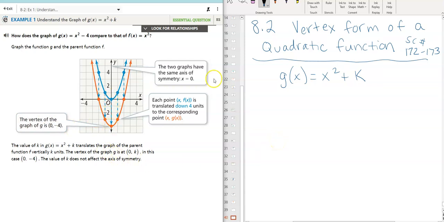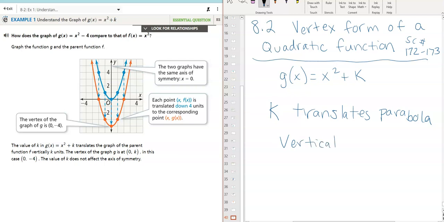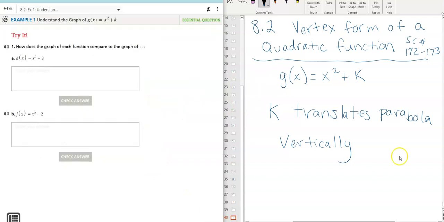Therefore, we can write down the assumption that the letter K translates our parabola vertically. Okay, it's going to go up or down. It does not, the value k does not affect the line of symmetry.